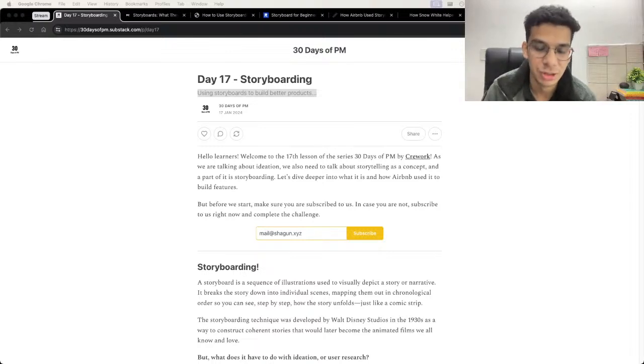And the advantage of using storyboarding is your user is at the center of all you do. As you define every scene or every step as part of your storyboard, you think about all the small details that are part of the problem, right?